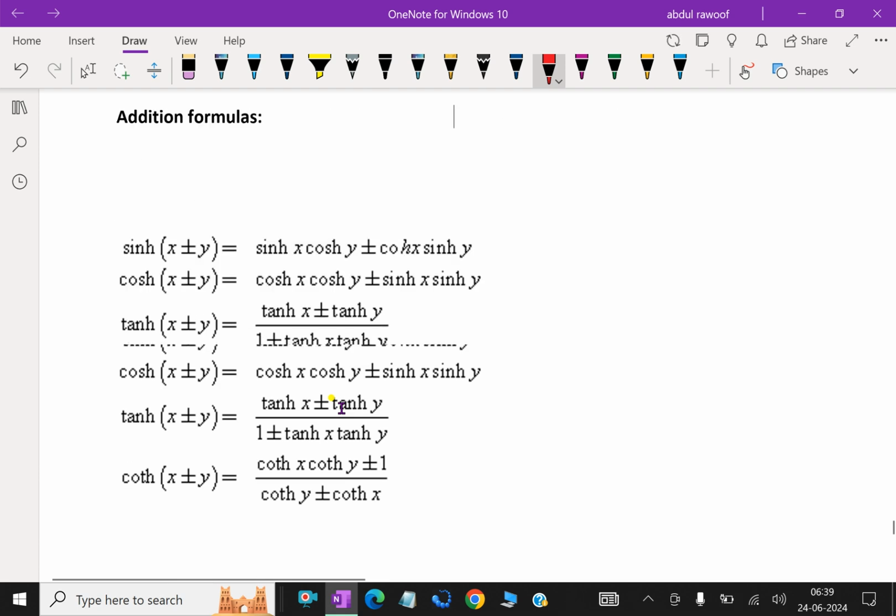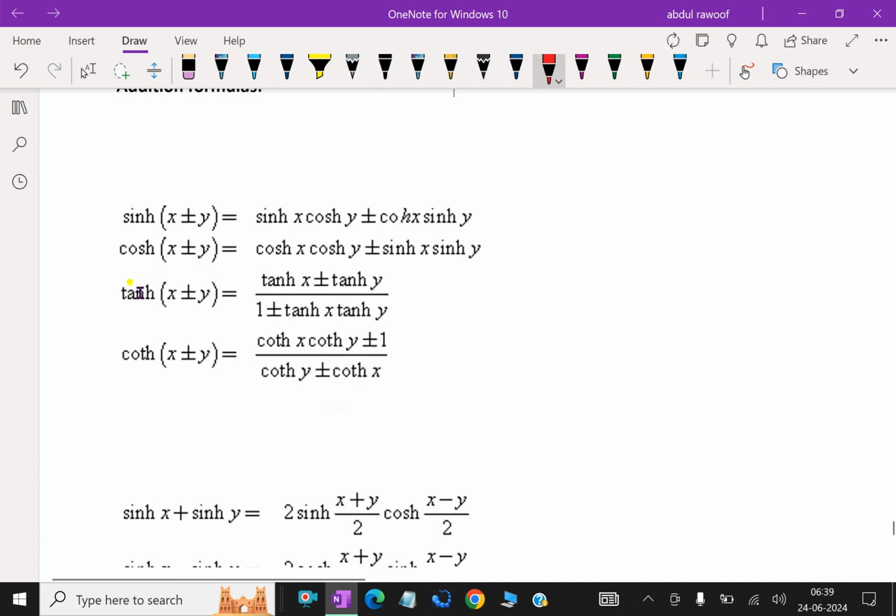Addition formula. Here, this basic addition formula: sinh (x plus or minus y) is equal to sinh x cosh y, plus or minus cosh x sinh y.